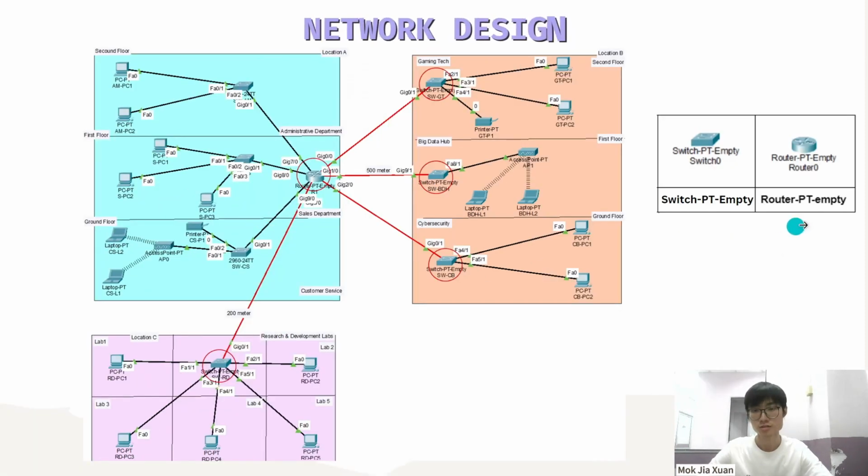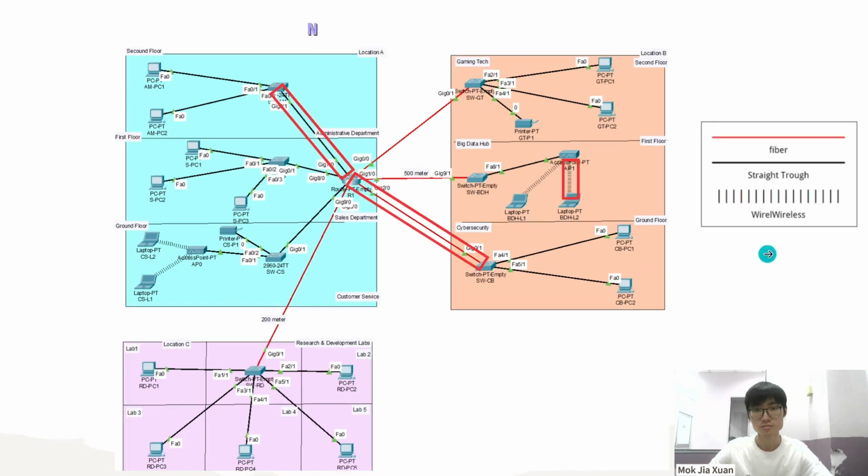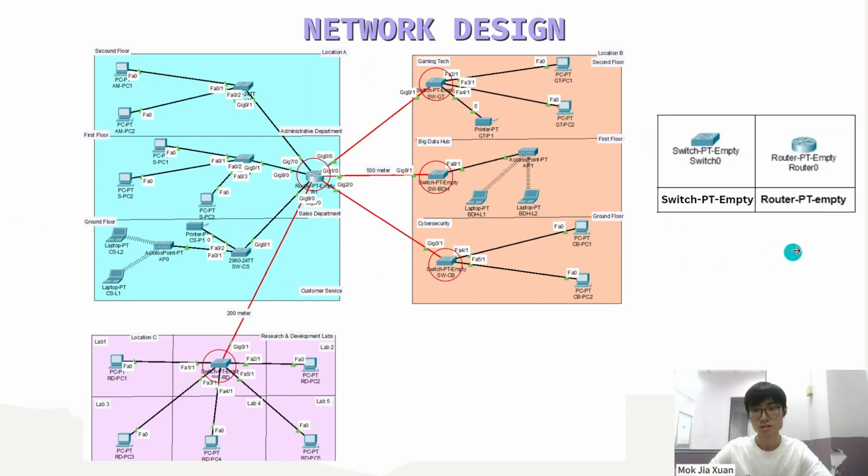Next is the router PT-MD. We use this router because we need to connect two different cable types from the switch to the router, and the same applies to the switch.